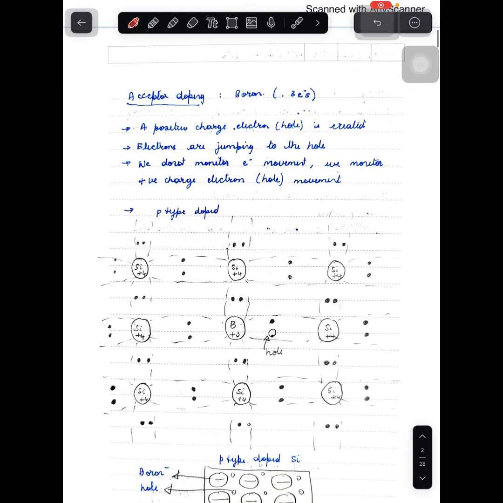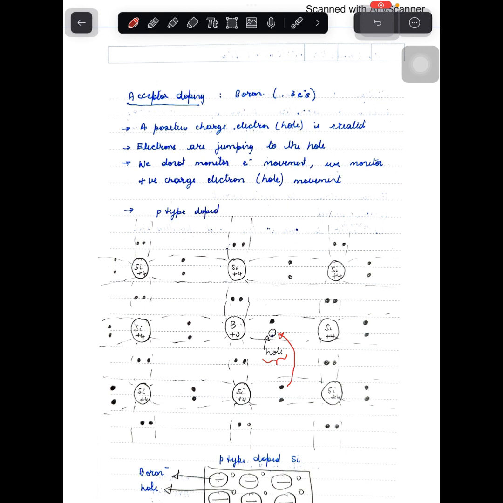Coming to the acceptor doping, when you add a boron atom to silicon material, boron has 1 electron less, and hence a hole is created. A hole is nothing but a positive charge created by a missing electron. So electrons can jump to this hole, and this is how holes are the charge carriers in P-type doped silicon.